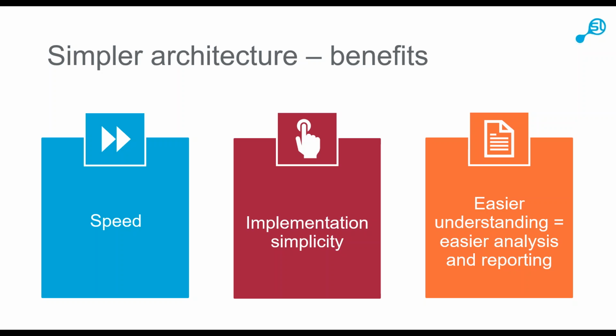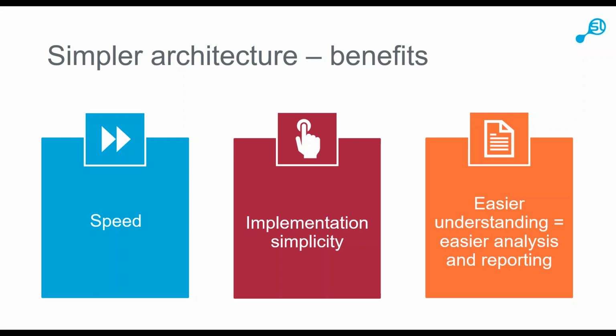First and foremost, it'll be faster because of the way they store and index that data. Google are promising it's going to be extremely fast and better to access, so that'll bring a lot of benefits. Then there's implementation simplicity. Because it's easier for everyone to understand the concept of an event, and the parameters that go with that event, people will be able to implement it.